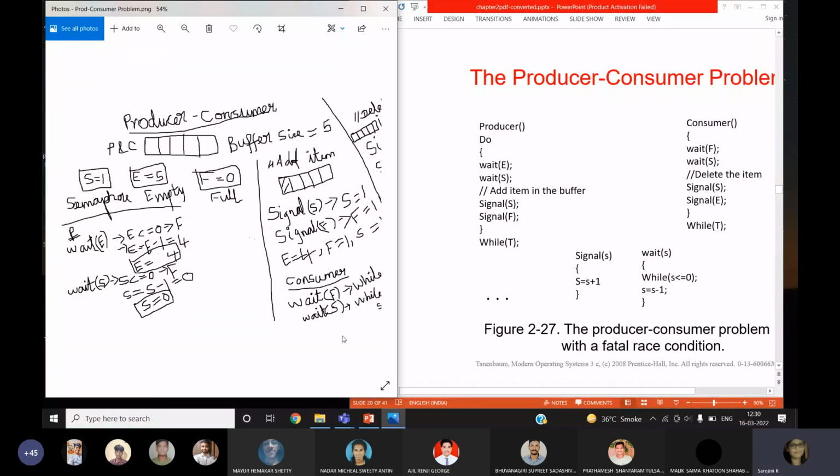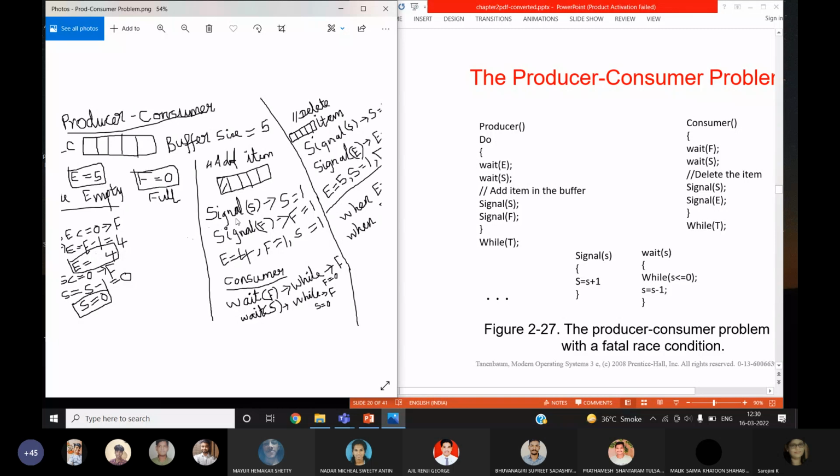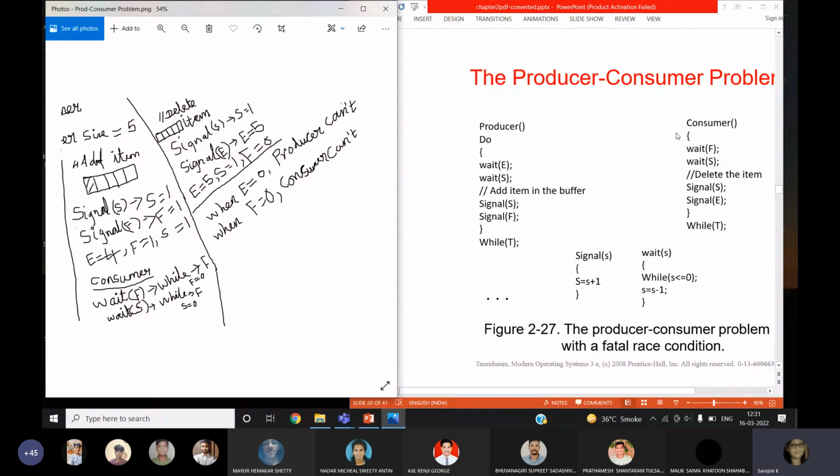Assume that only one producer is inside, and the producer is producing the item, that means when he is adding the item, assume that a consumer process comes.